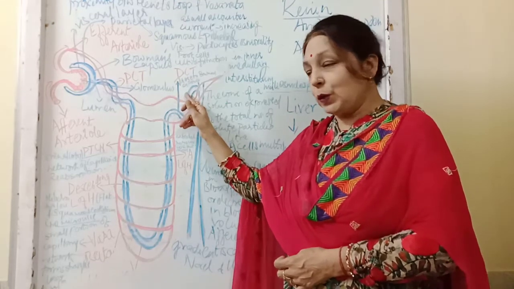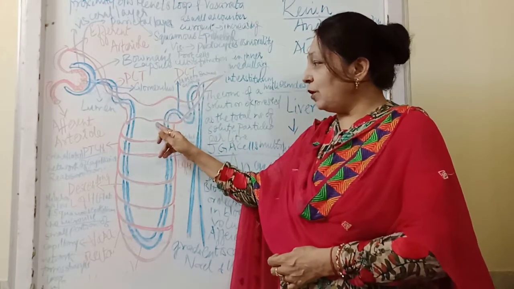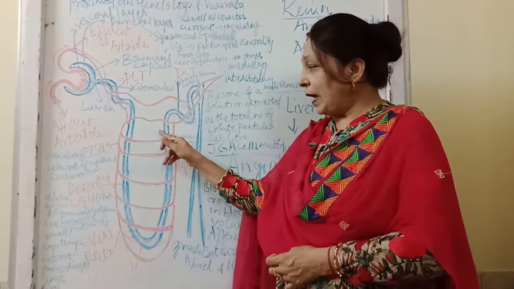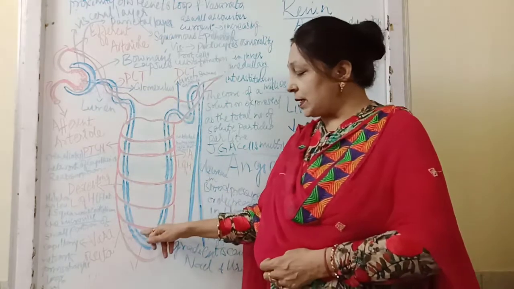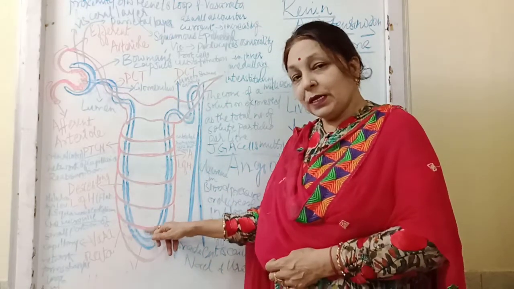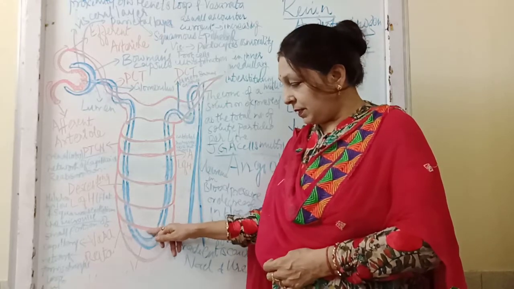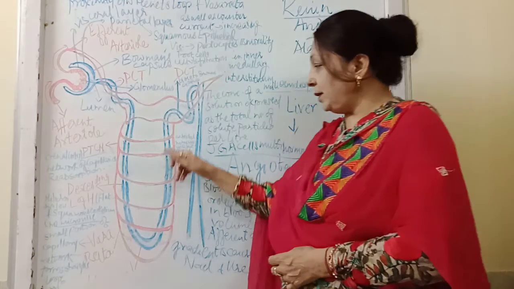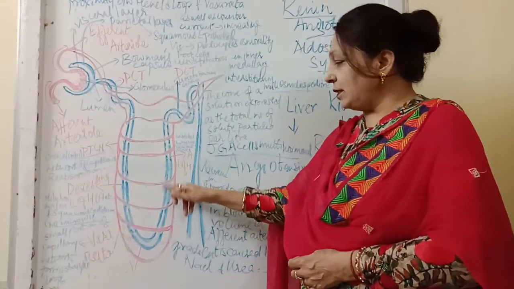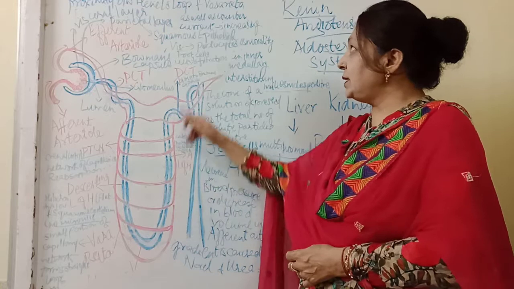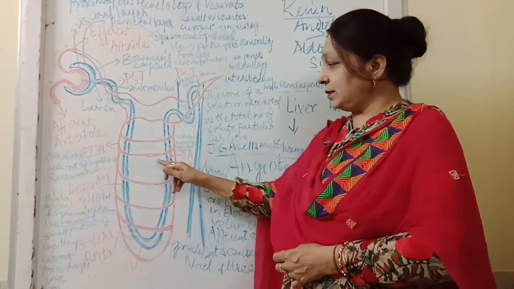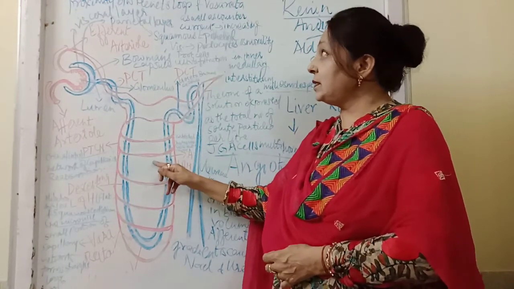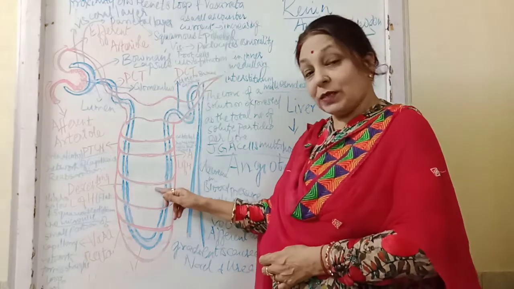So the main aim of the loop of Henle's as well as the vasa recta, which I told you are the parallel capillaries surrounding the loop of Henle's, along with the counter current mechanism, is to increase the concentration.